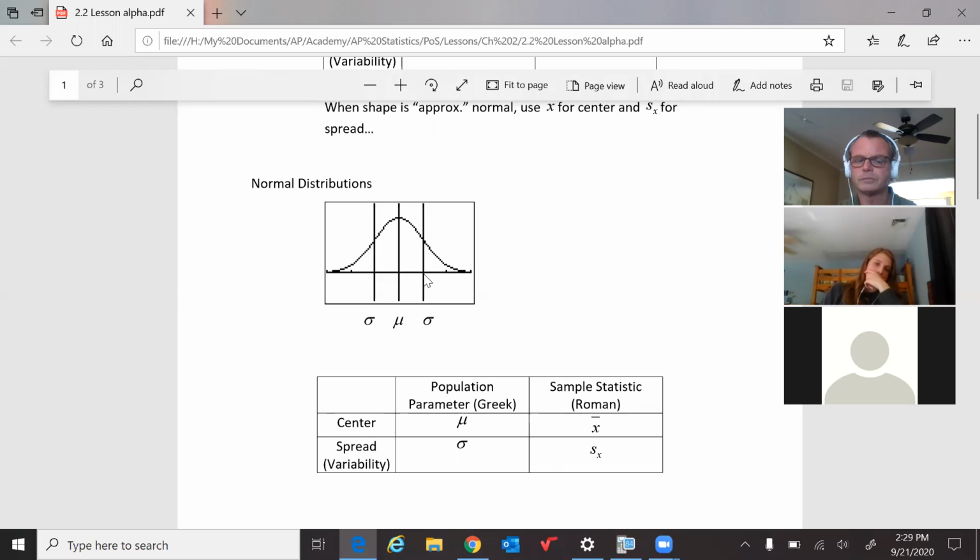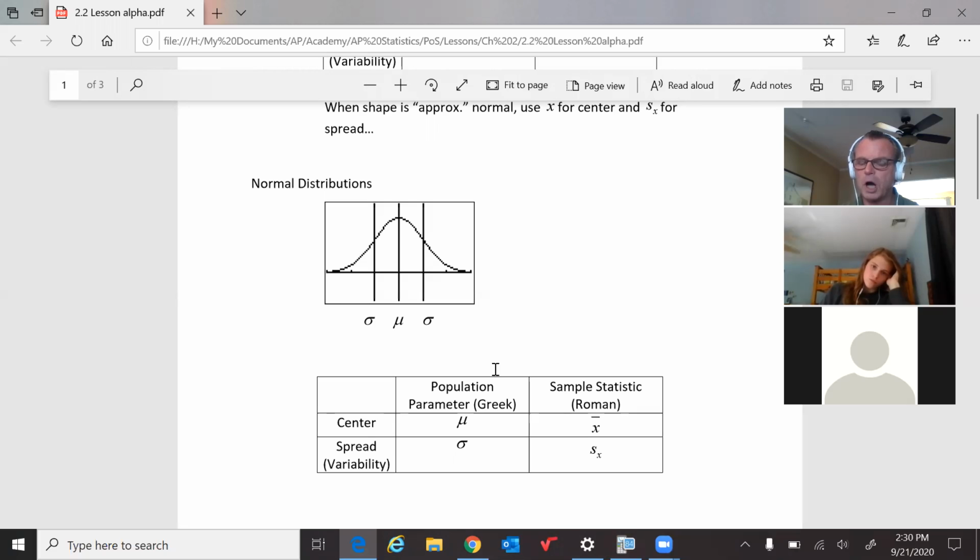Okay? And you look at these symbols down here. These are Greek letters. What's going on? Well, this is a new vocabulary word for you. Ready? Parameter. It's alliteration. Parameter refers to the population. It's what we're trying to identify.